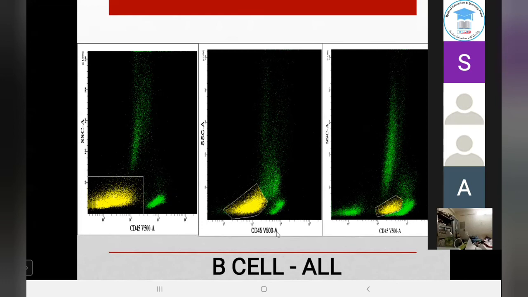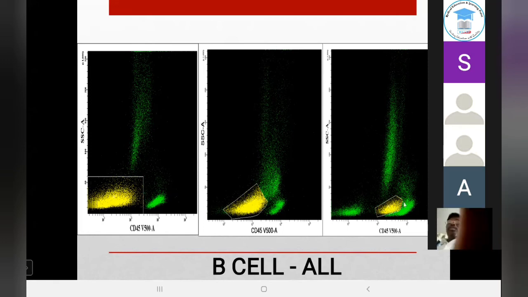What happens is, when you look at the morphology, you want to give a diagnosis. Similarly, when you look at the side scatter 45, you want to look at the position of the blast and then give a diagnosis whether it's a B or a T. Remember that the first 2 positions are very common in BLL, and this position is not very common in BLL.